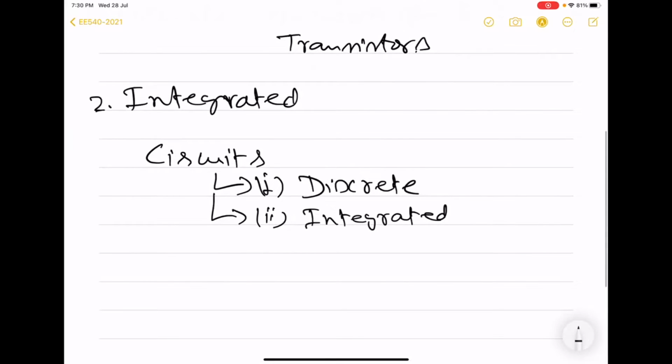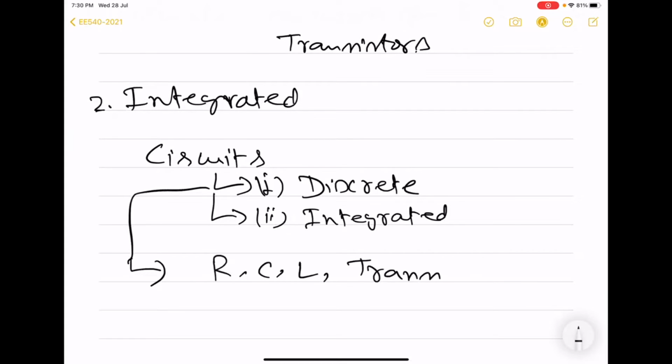So in the first one, in the discrete circuit, each of the components, these resistors, capacitors, inductors, and transistors, they all will be individual components and manually interconnected with each other, either on PCB or, for example, even on breadboard.